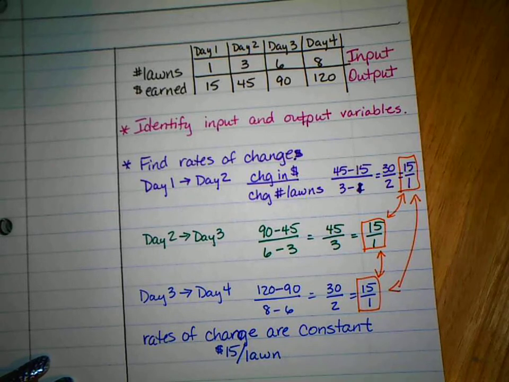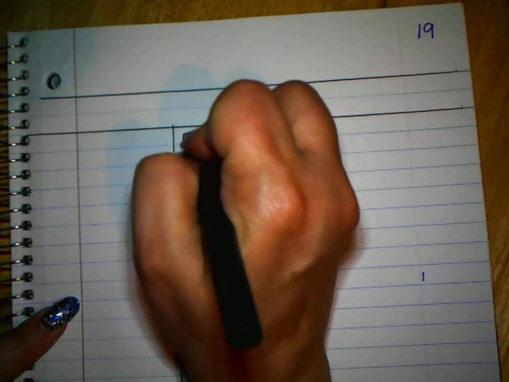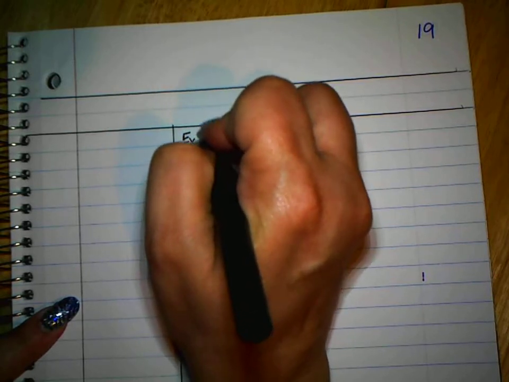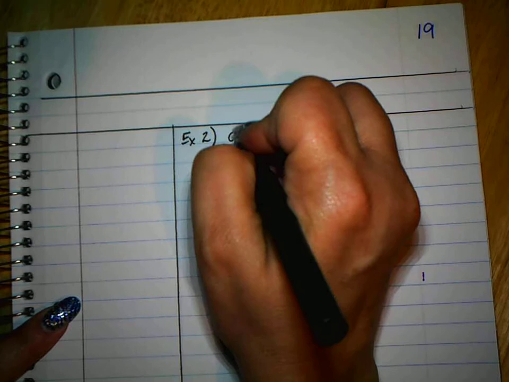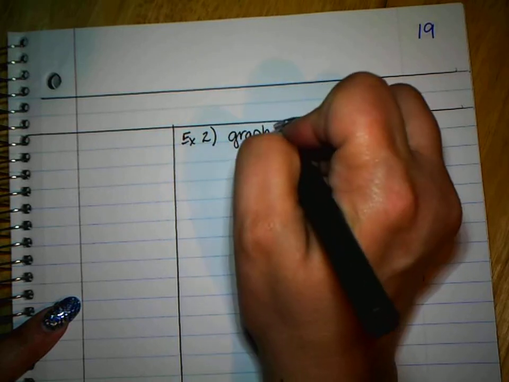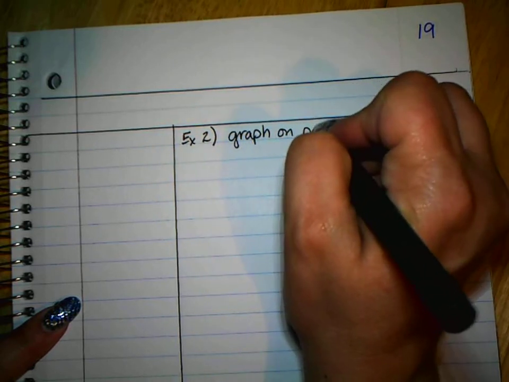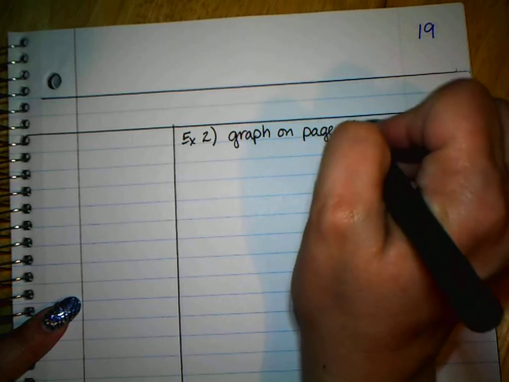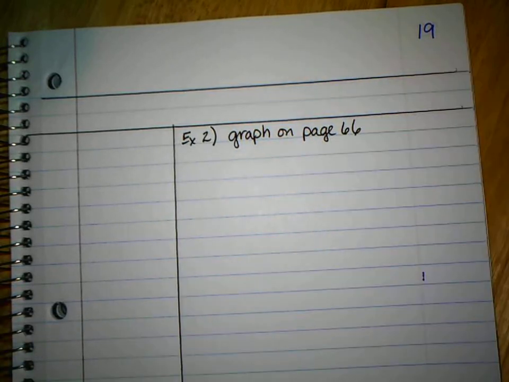Now you should have your book pages, and we're going to do another example here. There's a graph on page 66. Today I'm not going to sketch the whole graph.